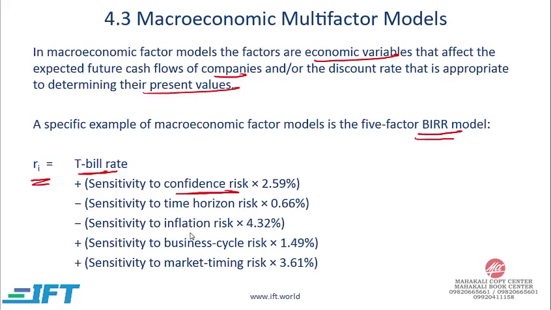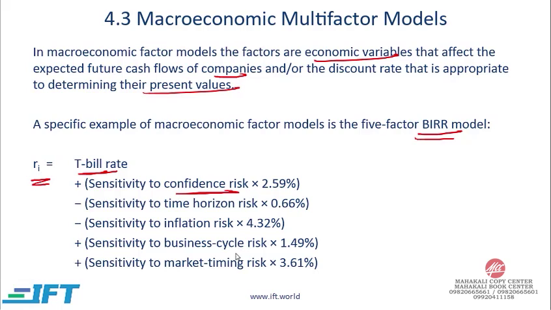Sensitivity to inflation risk. This is the unexpected change in the inflation rate. Nearly all stocks have negative exposure to this factor as their returns decline with positive inflation surprises. Sensitivity to business cycle risk.